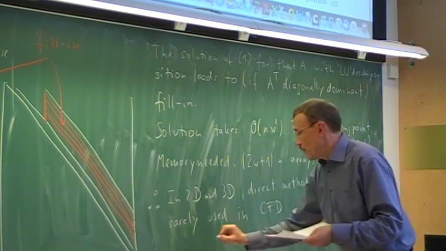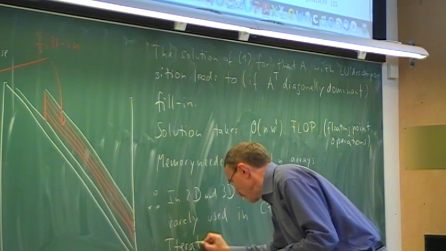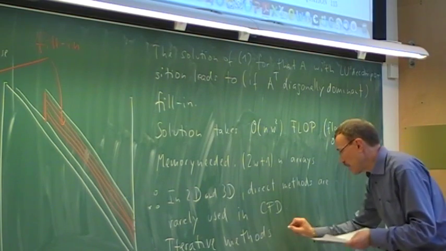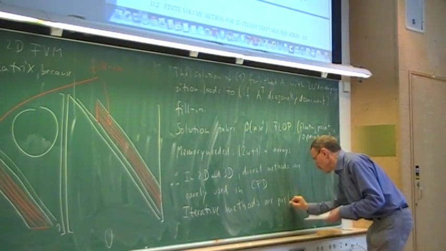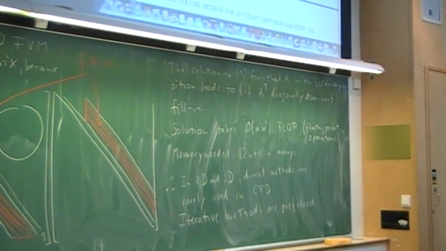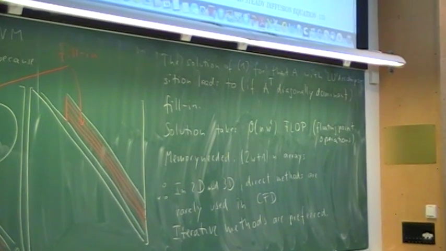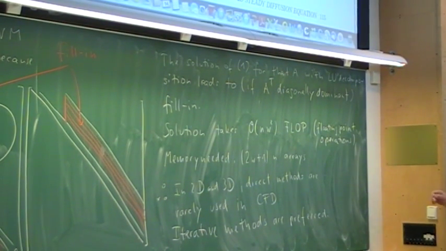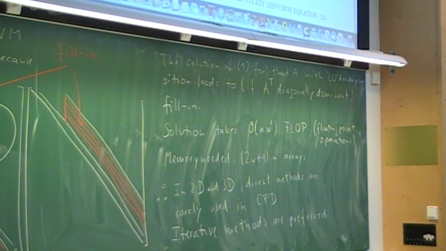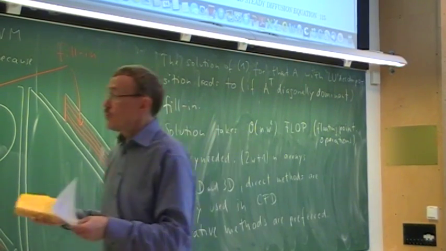Instead, iterative methods are preferred. You can find some good direct solvers, and if you have smaller problems with not that many unknowns, then it is worthwhile. If you have good direct solvers and small problems in 2D, then you can do it. But of my PhD students, so far only one used direct methods. The others have all been using iterative methods. So now we have to turn our attention to iterative methods.